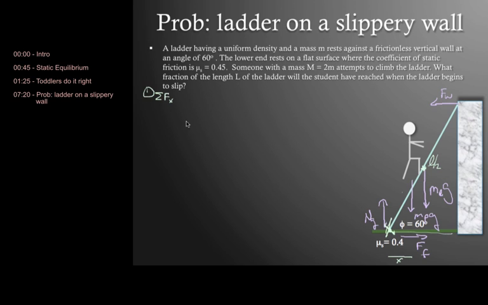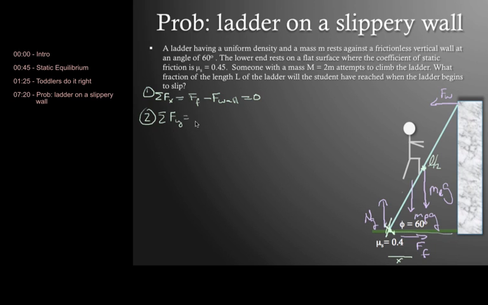So first one, let's look at all our x components. So this one's the simplest one. So we have our friction force to the right minus the force of the wall, and then that's equal to 0. So the next one is our y components.